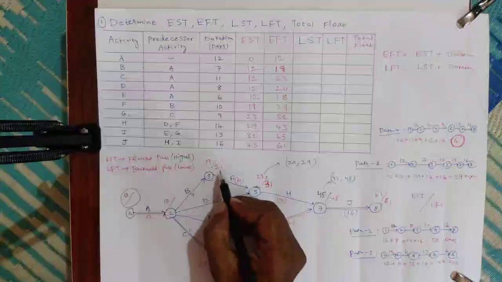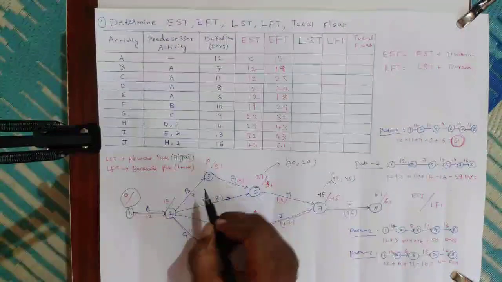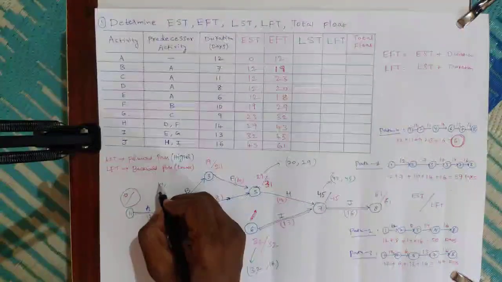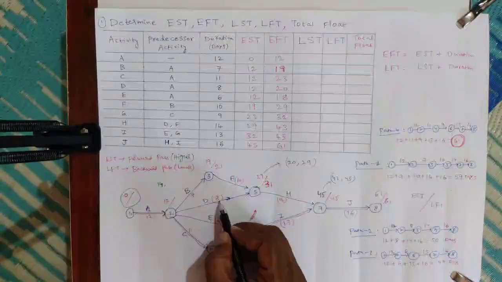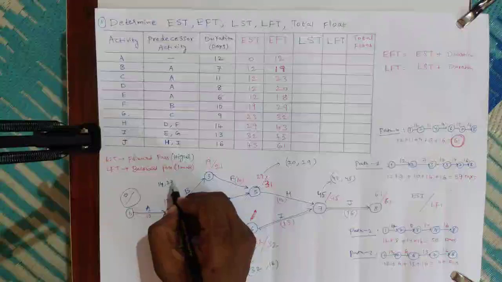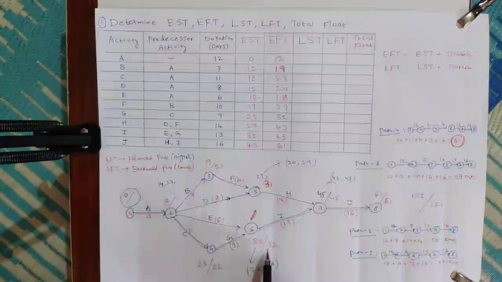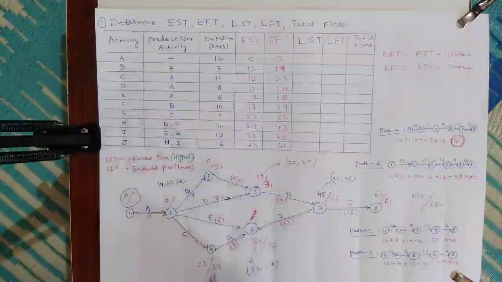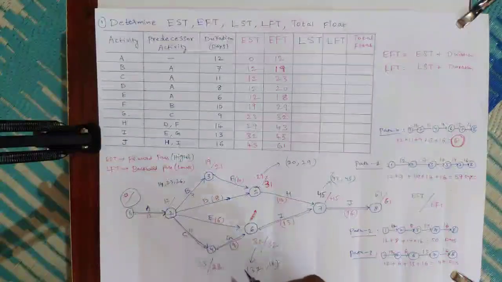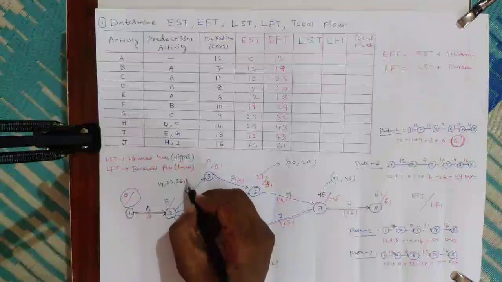If you see 21 minus 7, 21 minus 7 is 14, and 31 minus 8 is 23, and 32 minus 6 is 26, and 23 minus 11 is 12.